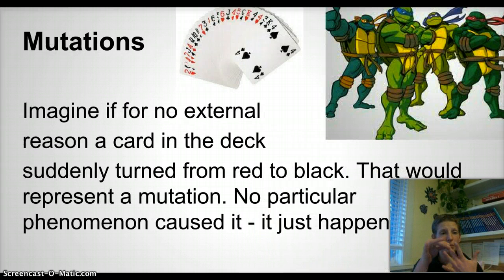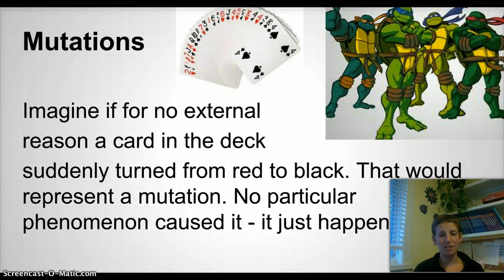The middle finger, M, is for mutation, and this is not like some sci-fi creepy cartoon Teenage Mutant Ninja Turtle mutation. This is some phenomenon, we'll get into that later, within the genetic code, that changes the sequence of genes by a couple different mechanisms.